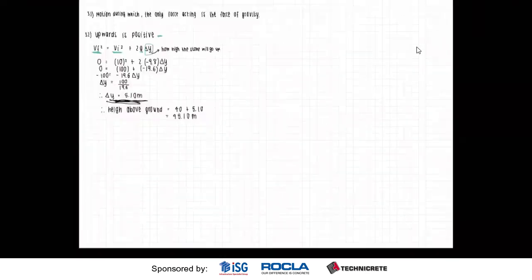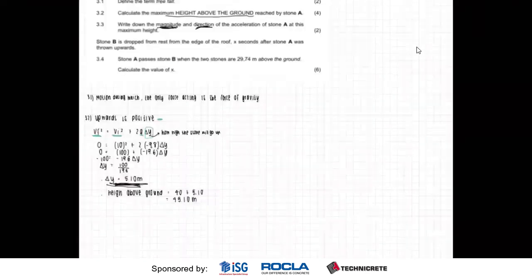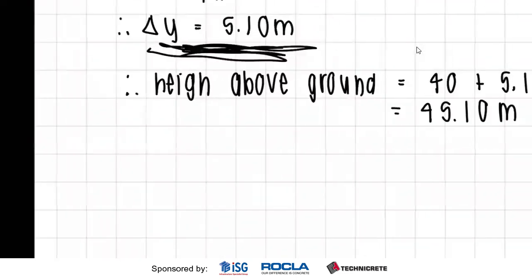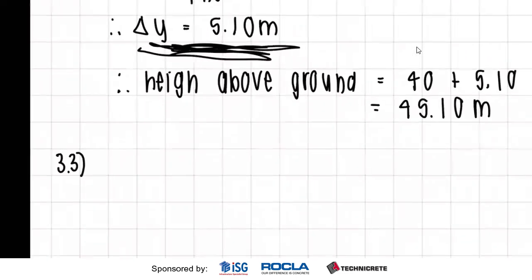Okay, so the answer for this question, we don't have to give an explanation. The answer is 9.8 meters per second squared downwards.